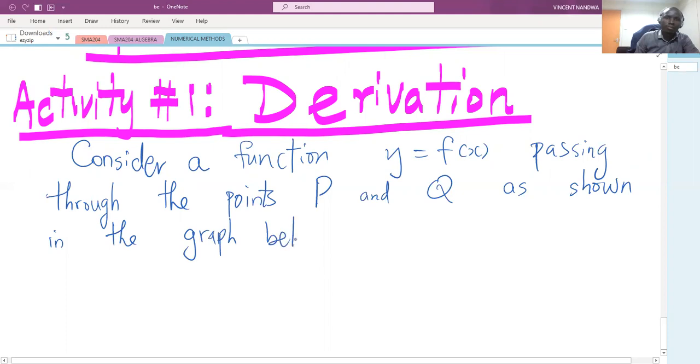The graph below. So let's draw the graph.